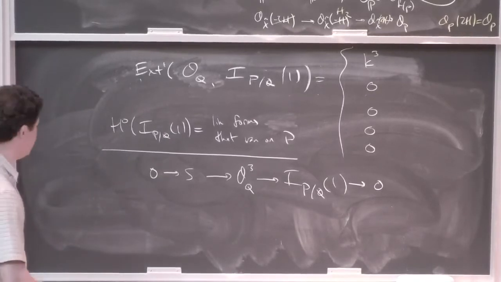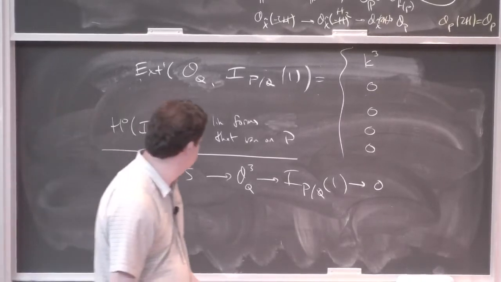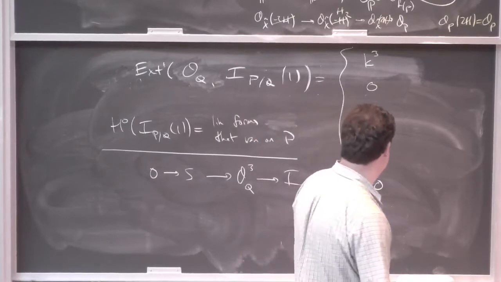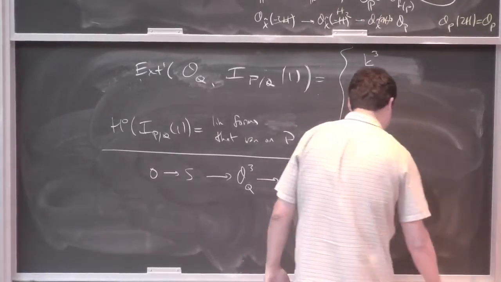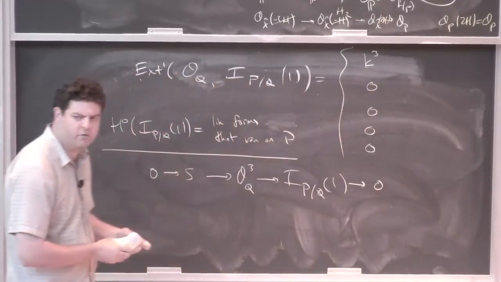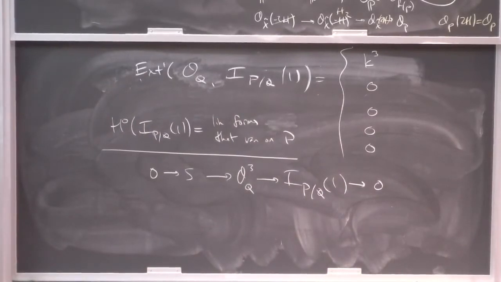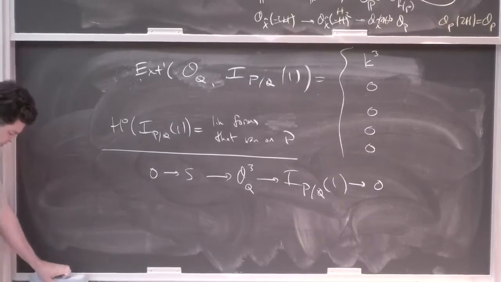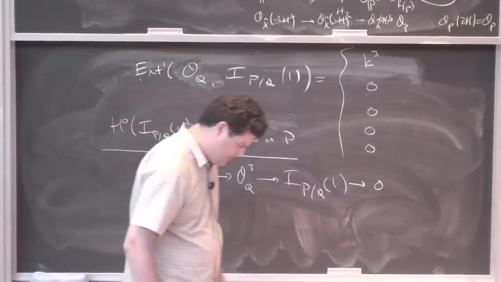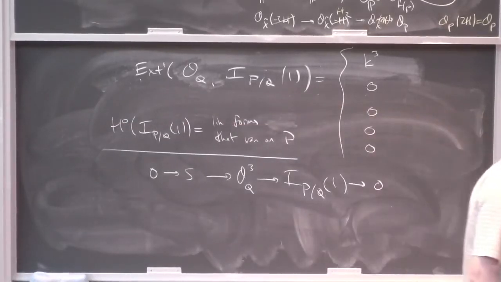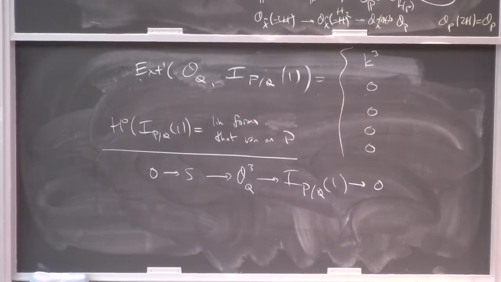Right, so now for the same reason, all right? Are you all falling off the horse? Let's think about why that map is surjective. It's because the ideal of P is generated by these three linear forms.